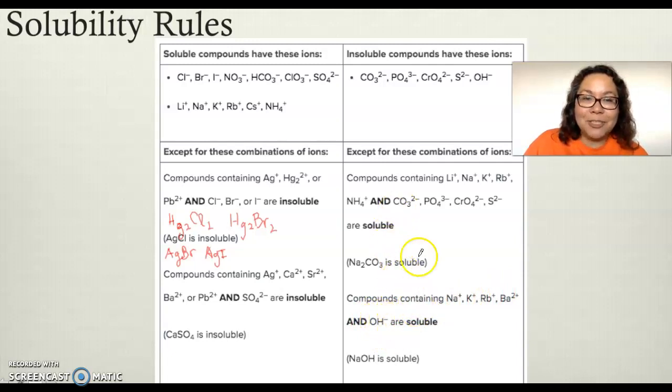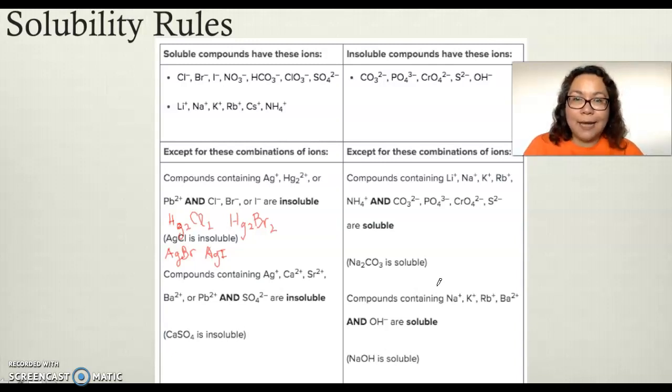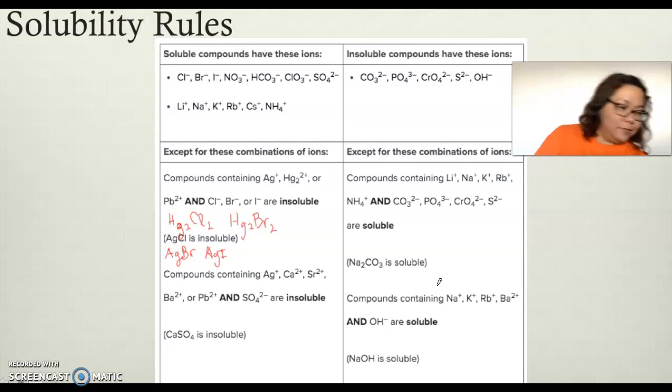These are the exceptions for when normally insoluble ions are mixed in a combination with these ions, that's when they become soluble. That is a lot of information, so I do not want you to memorize these combinations. Rather, we will use this table as our tool to decide which ones turn into precipitates, solids, and which ones can dissolve.